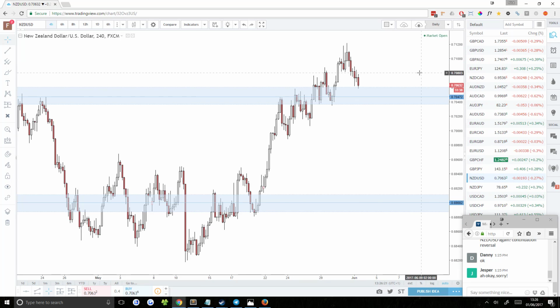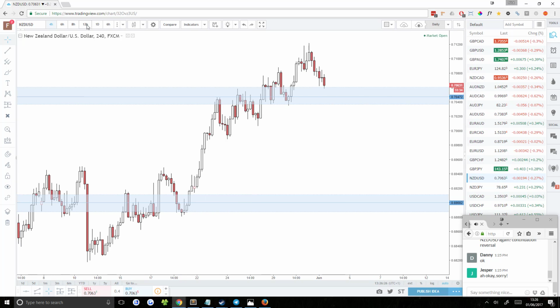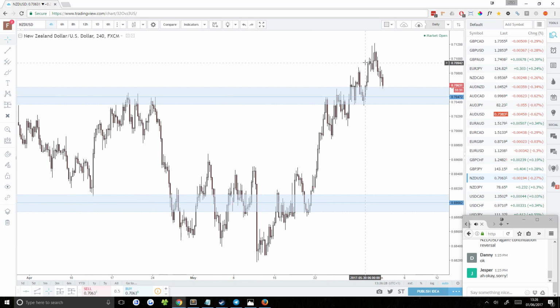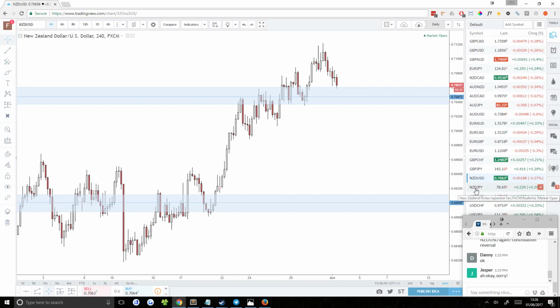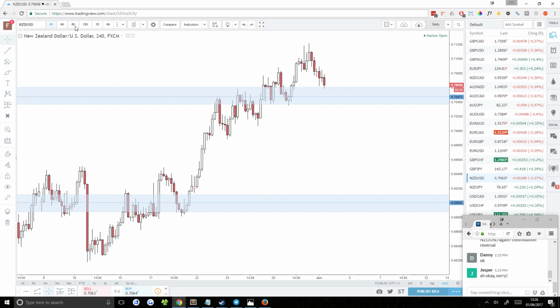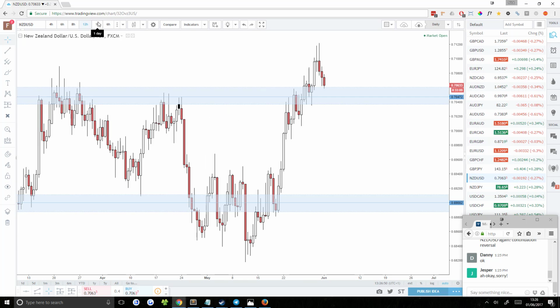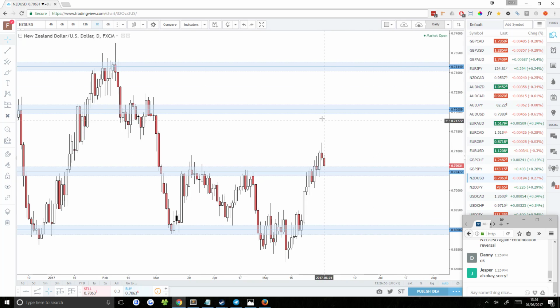Right, New Zealand USD. We are at New Zealand USD now. So what is the question in regards to New Zealand USD? We are getting what is potentially going to be a continuation reversal on New Zealand USD.